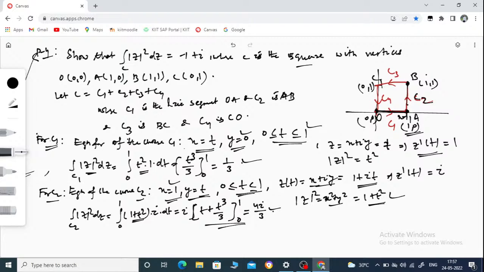Similarly, if you calculate for C3, now go to the next page. For C3, you see this is the curve, this is 0 0, this is 1 0, this is 1 1, and this is 0 1.